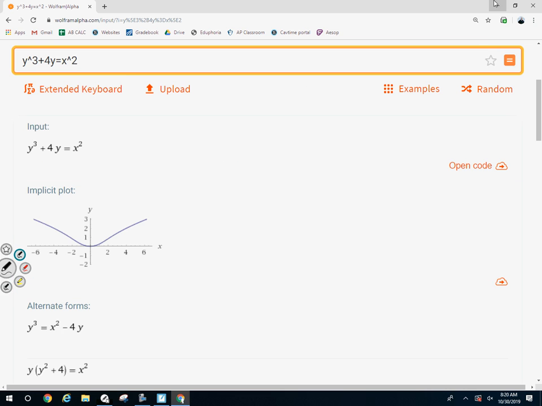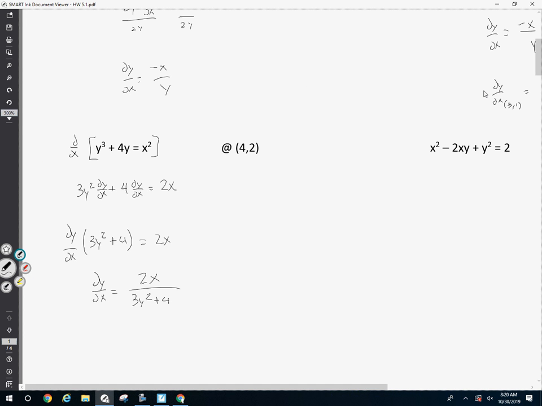Maybe it's close to 1. Let's see. At 4, 2, I get 8 over 3 times 2 squared, which is 4, plus 4, 12, 13, 14, 15, 16. 8 over 16, so I was wrong. It's closer to 1/2, but whatever.